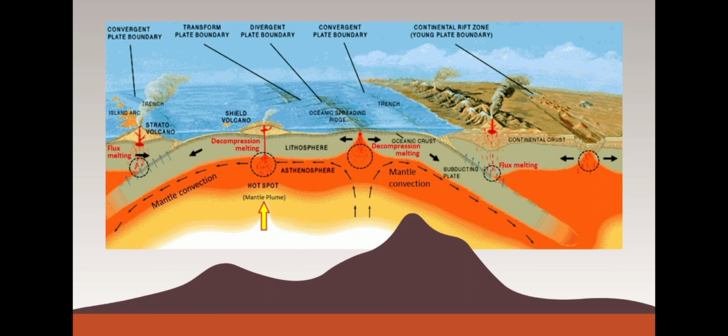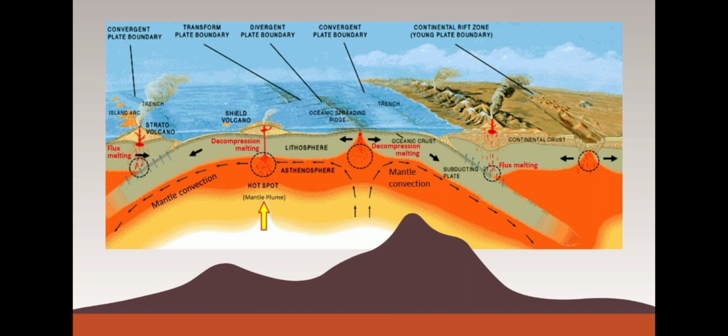The third one is the hot spots or mantle plumes. Here, the melting process present is decompression melting. Hot buoyant plumes of mantle material rise from deep within the Earth.